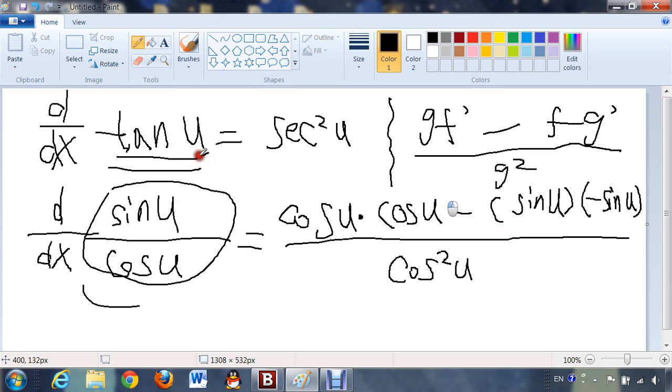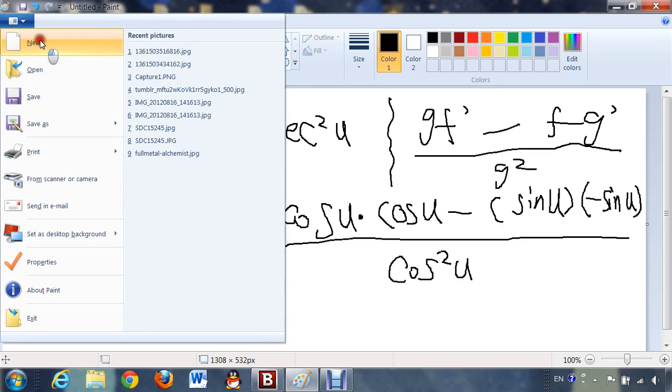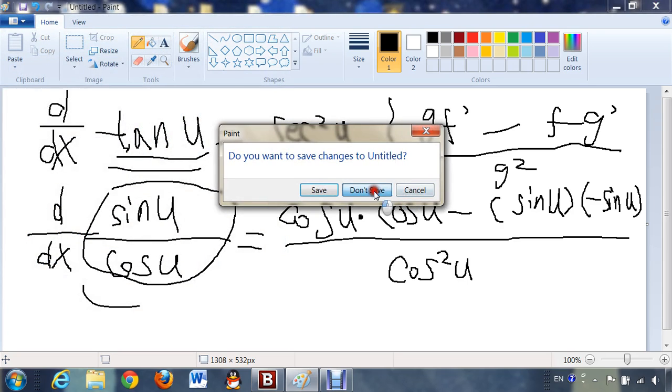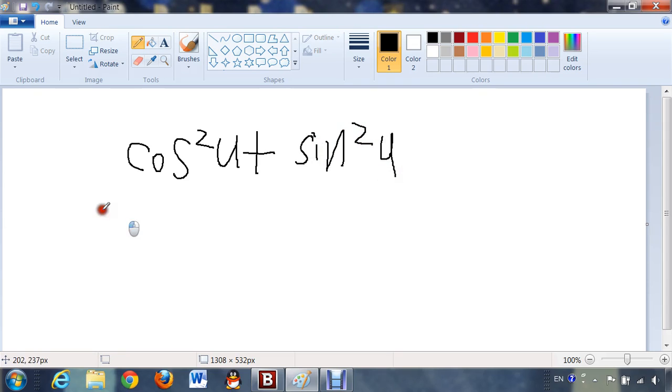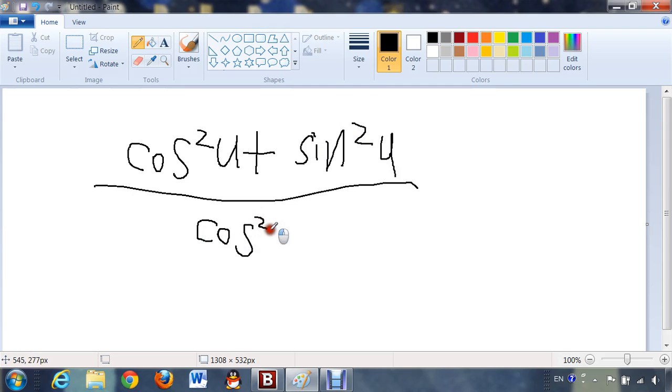So if you compute that, the whole thing, it would just be cosine square u minus, right, at sine square u over cosine square u, right?